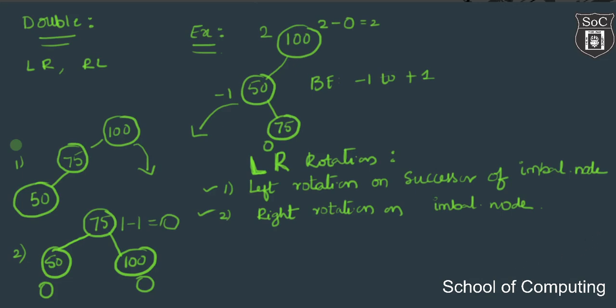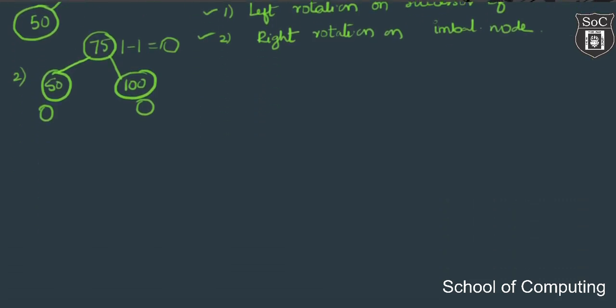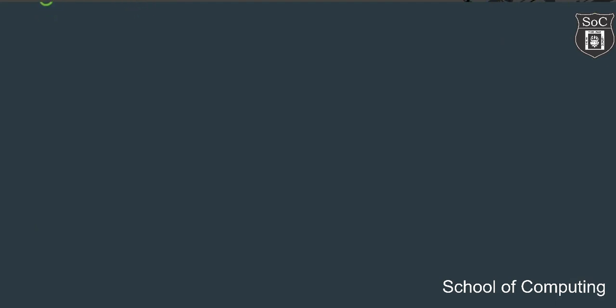Similarly, we can repeat another example for the final fourth category of rotation called RL rotation. For example, I have 30 as my first element, and on the right side of 30, let us say I have 100. This is the right child.